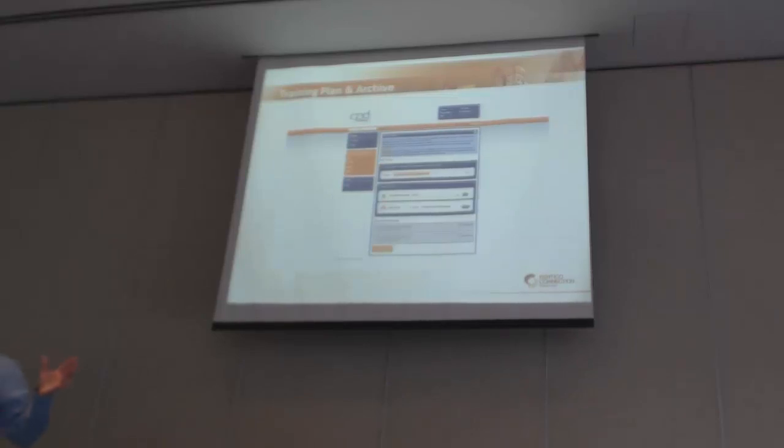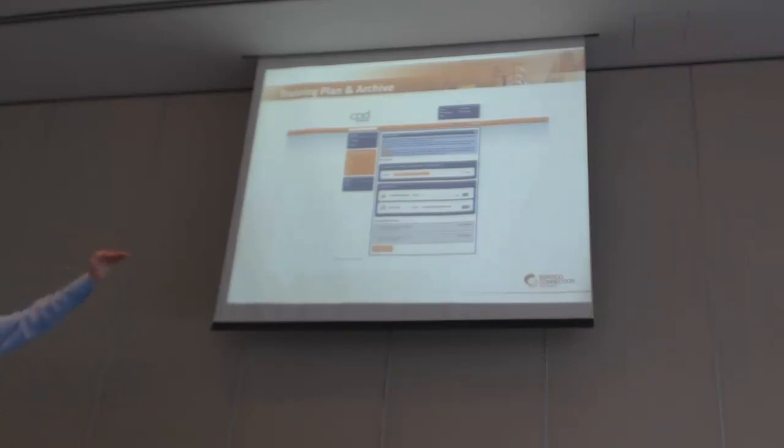So once you've got your course, then what the learner sees is this screen here, which is basically where they come in. They can see how they're progressing with their course and things that they've got to learn. They can see the courses they've still got to take.